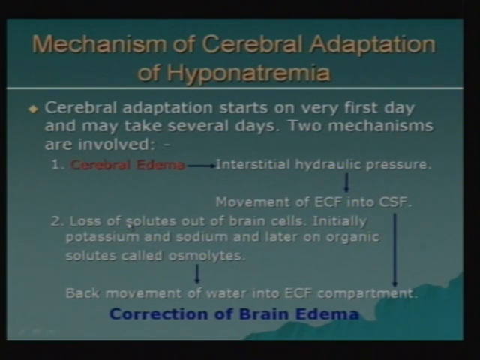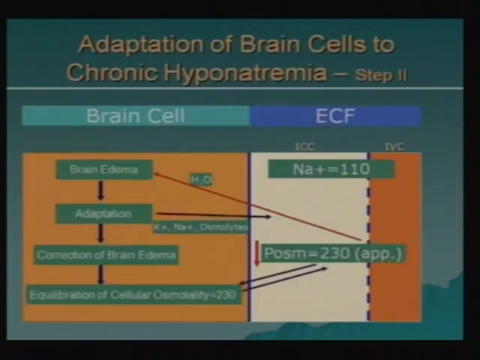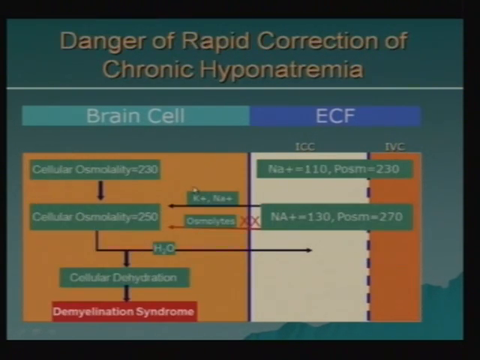These solutes come out of the cells because water cannot. As a result, the osmolality of the cells is restored, and there is no edema. And so there are no symptoms. I have explained the same thing through a diagram, but now let me go on.